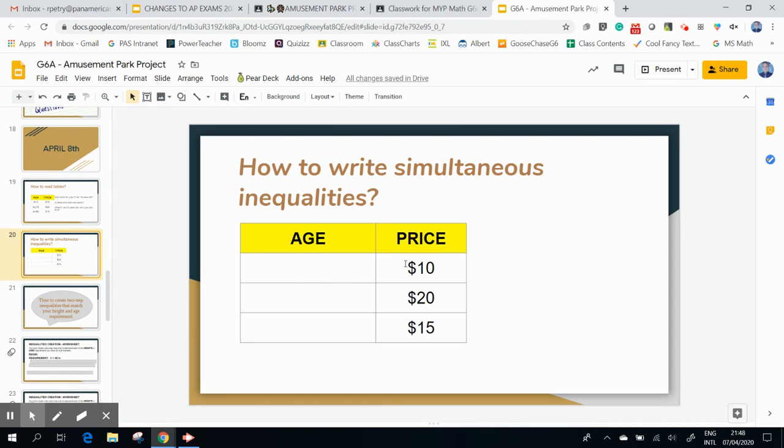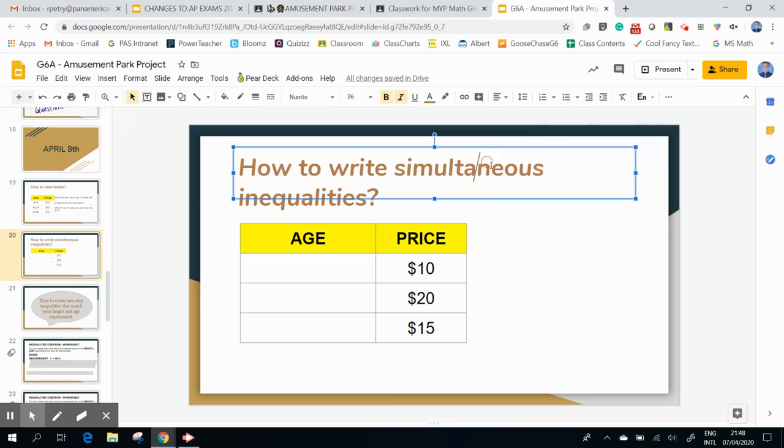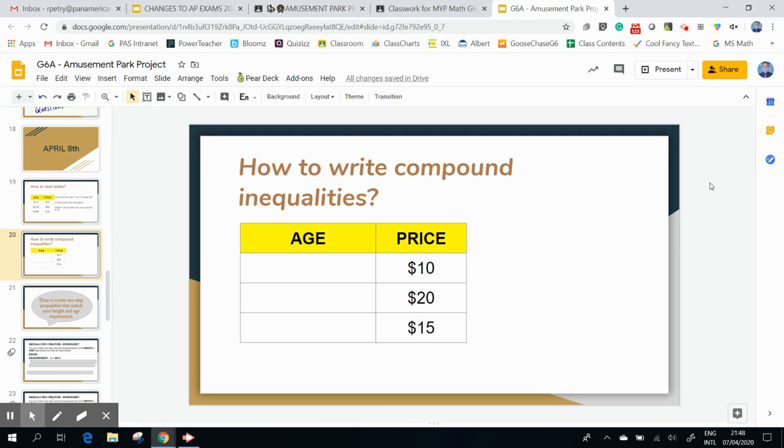How can I write a correct inequality, okay, which we started writing as simultaneous, but I'm going to change to what we call compound inequalities. Okay, how can I write it correctly? Well, here I am to teach. So let's start. How can I write compound inequalities?